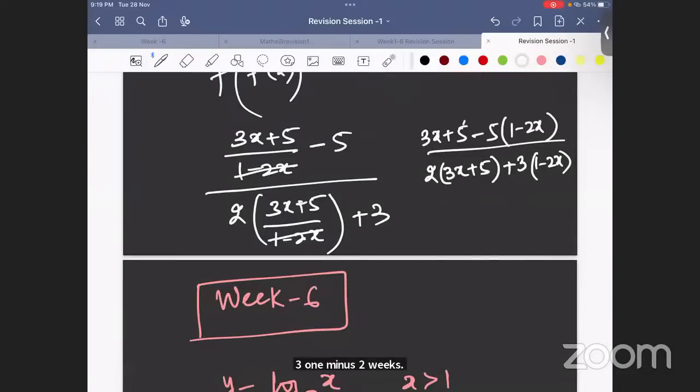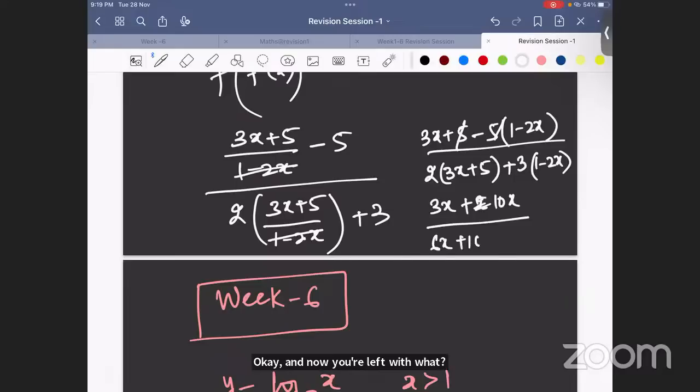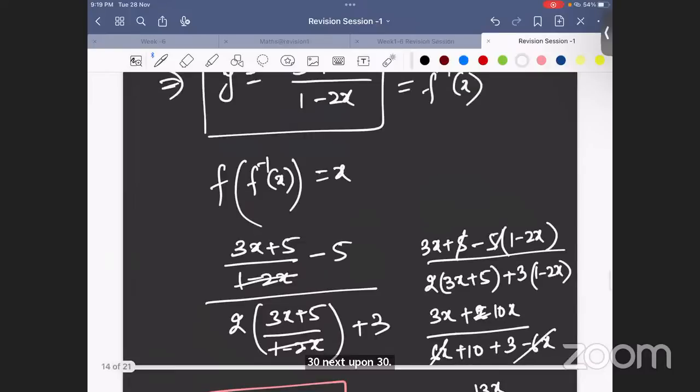So this is 3x plus 10x, right? This is 13x. Now you're left with 6x plus 10 plus 3 minus 6x. This 6x will get cancelled. You'll be left with 13x upon 13, so you'll be left with x, right? So this is the inverse of that function, correct?